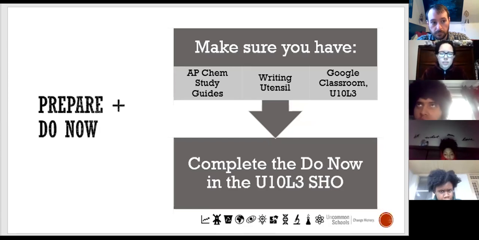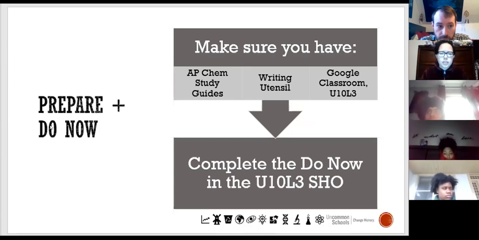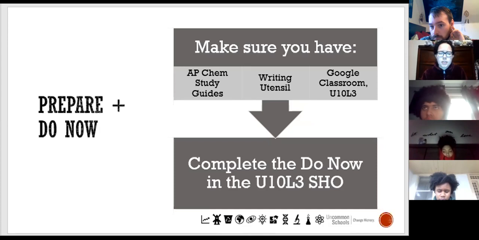The answer for letter A is that the temperature of the flask will decrease because the reaction is endothermic. Okay, good. And what happens to energy in an endothermic reaction?